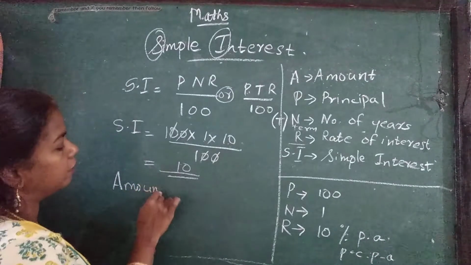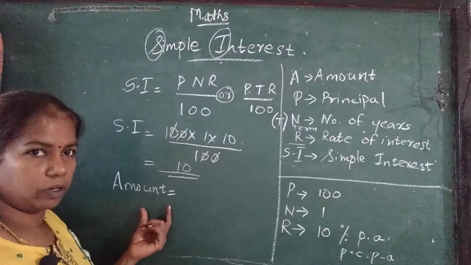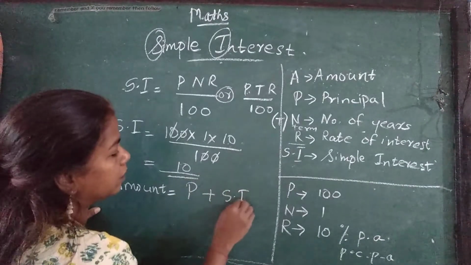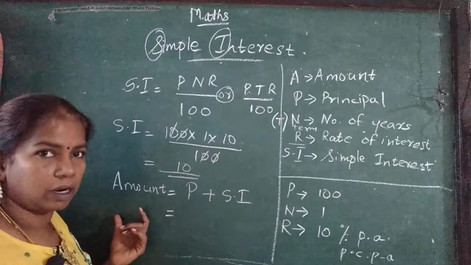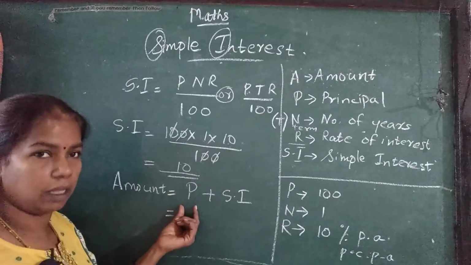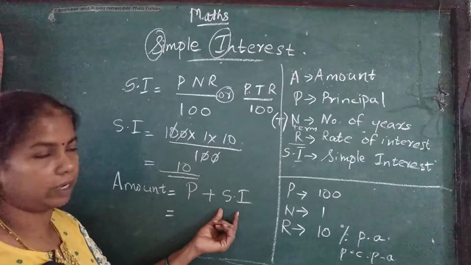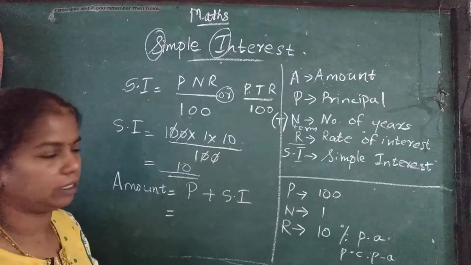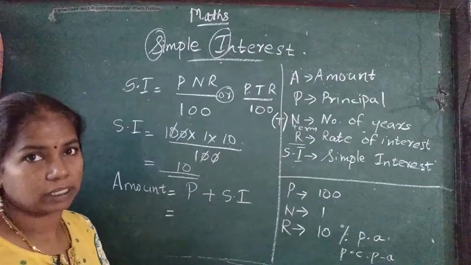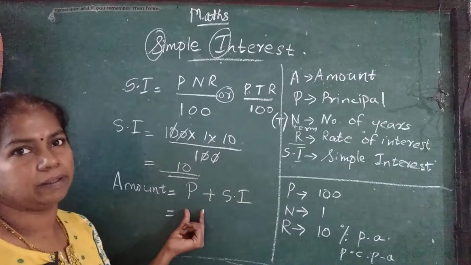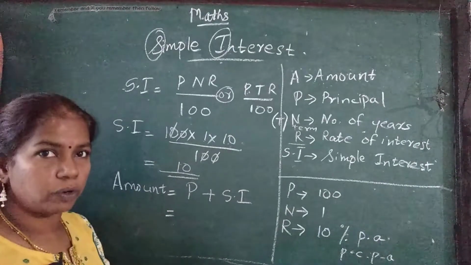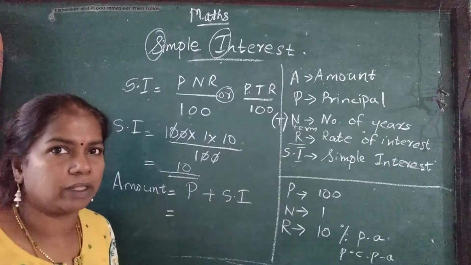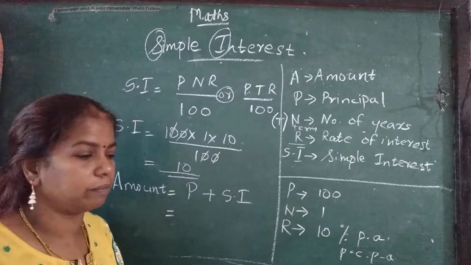Now we have to see the amount. How much amount do I have to pay him? Amount is equal to principal plus simple interest. Instead of saying amount for the money I borrowed, I will say the money, because otherwise you will confuse this amount with principal. The money which I borrowed initially from a person is called the principal. Always read the question properly.